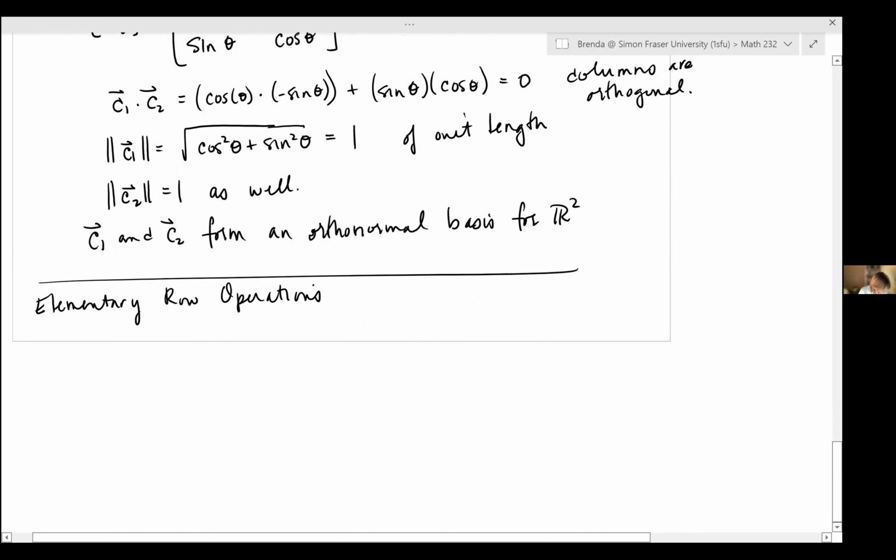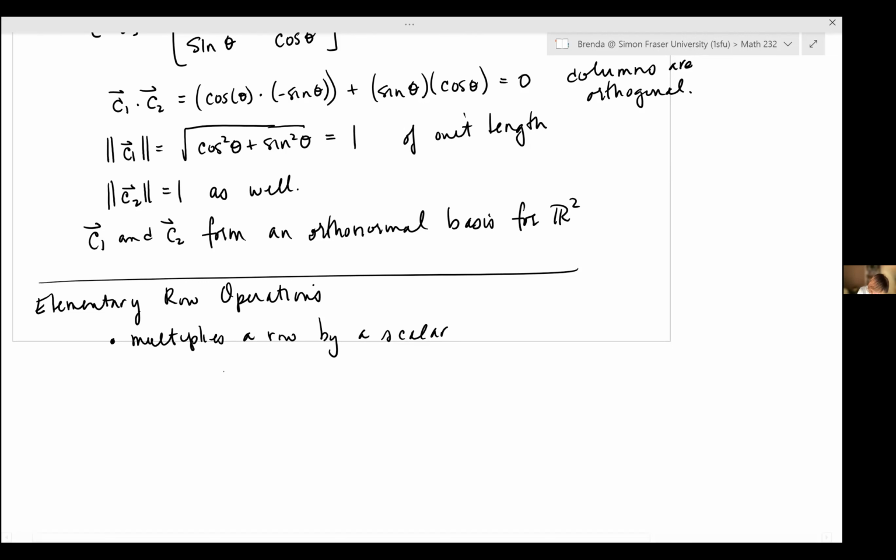Elementary row operations. Okay, let's take a look at the elementary row operation that multiplies a row by a scalar. What does a matrix look like that multiplies one of the rows of an equation by a scalar?